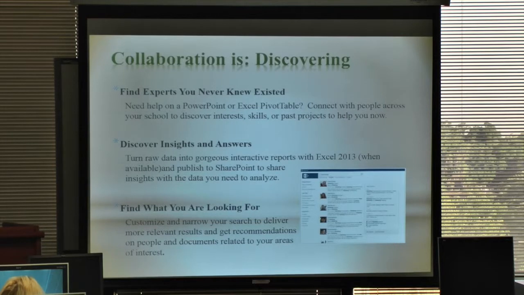Find what you're looking for. The search engine in SharePoint 2013 is much improved over the search engines from previous versions of SharePoint. The advantages of some of the new searches, as long as you are using unique words. This is the caveat that I have to tell everybody, because they'll go out and they'll type in something like calendar. I want to find the calendar. Well, what calendar?